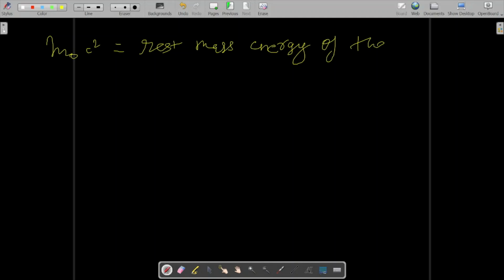M naught c square is equal to the rest mass energy of the positron absorbed in creating it.